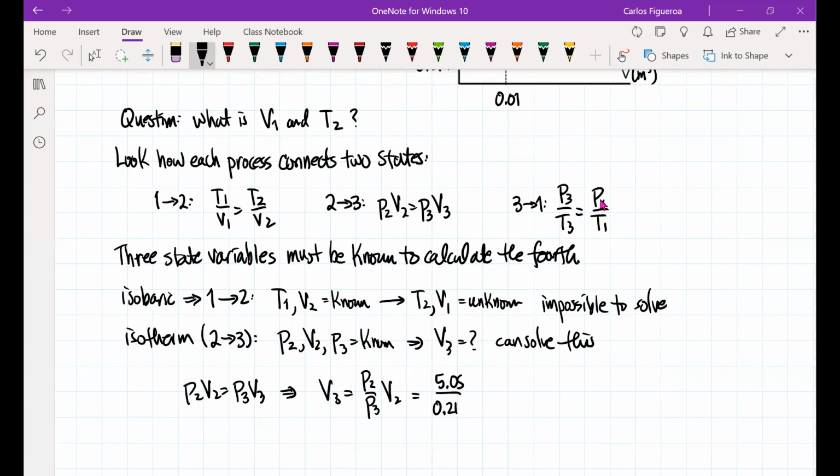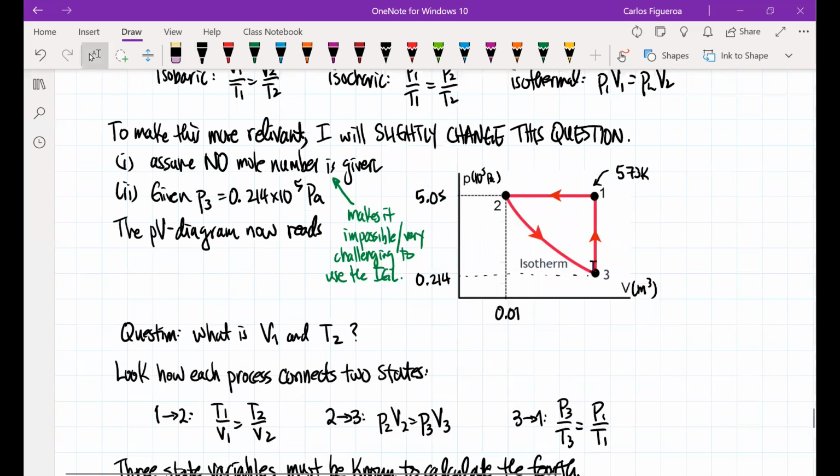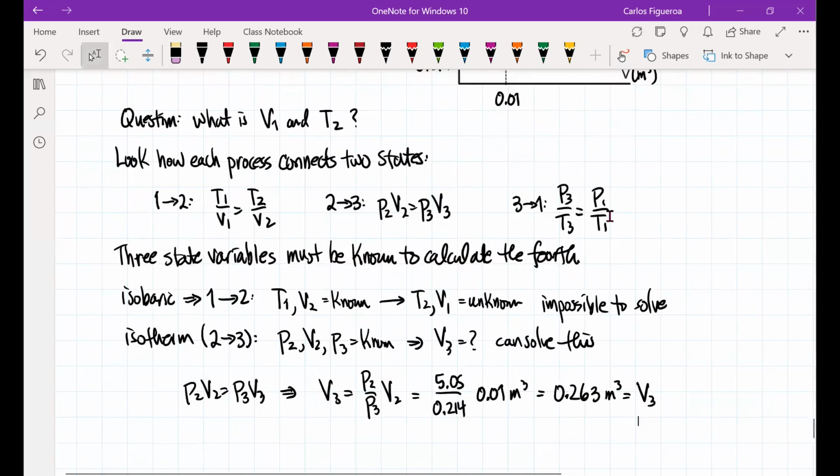This is 0.214 times 10 to the 5. And then I get 0.01 meters cubed. So all of a sudden I get 0.263 meters cubed. So now I know what the volume of 3 is, but the volume of 3 is the same as the volume of 1. So I now know 2 of the volumes that we didn't know before.